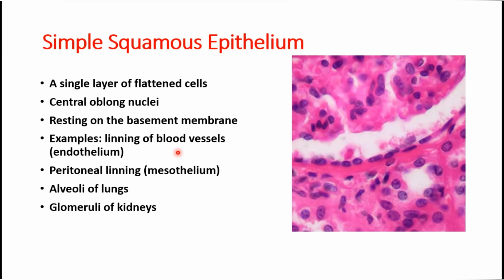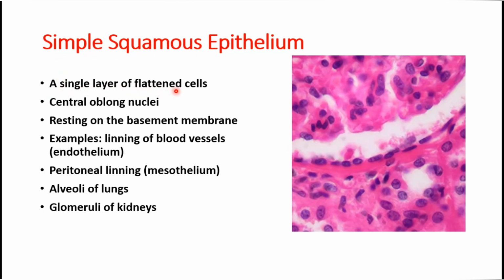Okay, so today we will discuss the first type of epithelium, which is simple squamous epithelium. You can see the name is simple squamous. By the word simple, we can identify it will be a single layer of epithelium, and the word squamous, I told you, is about flat shaped cells. So simple squamous epithelium is a single layer of flattened cells.